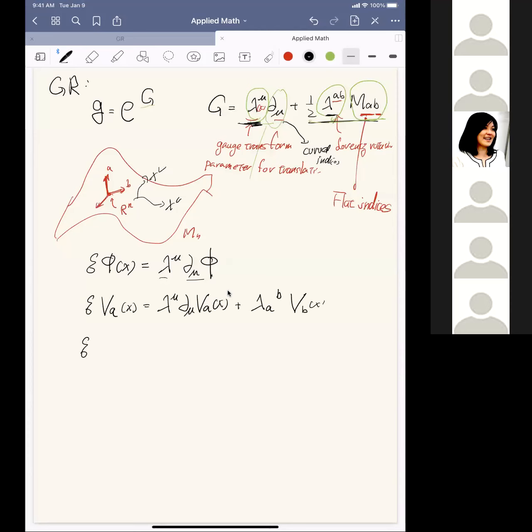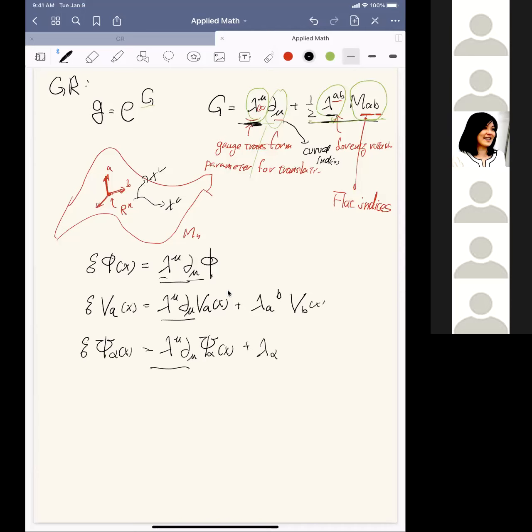And similarly, if you have a spinor field, I'm going to use this alpha index to represent the field being a spinor. Once again, it will have the same transformation. So anything that is a local field will have this translation acting on it, but the way it transforms under the Lorentz transformation depends on what representation it is.